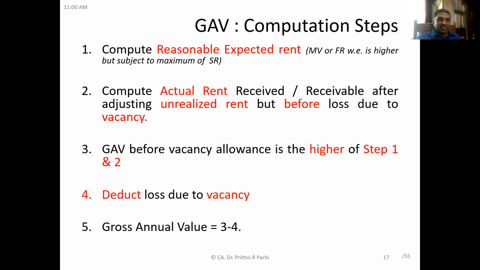Step three, gross annual value before vacancy allowance is the higher of step one or step two, that means expected rent and actual rent, whichever is higher. Step four, deduct vacancy allowance. Your GAV, gross annual value, is step three minus step four.